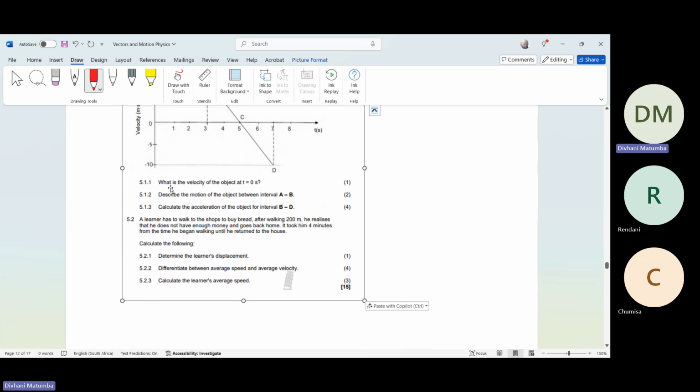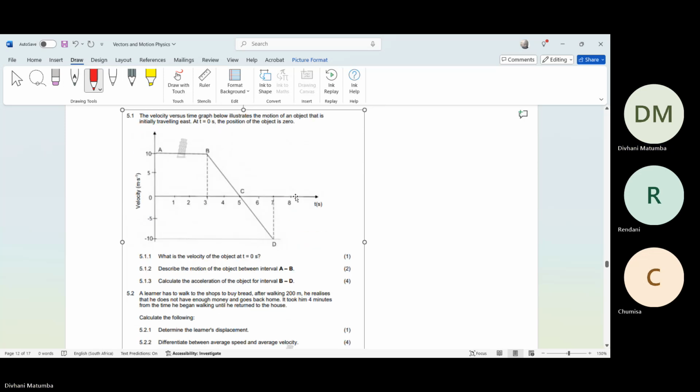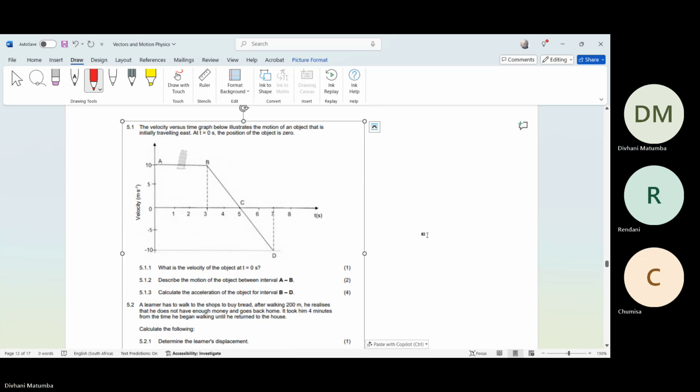The question is, what is the velocity of the object at t equals 0? Kumisa, what is the velocity of the object at t equals 0?